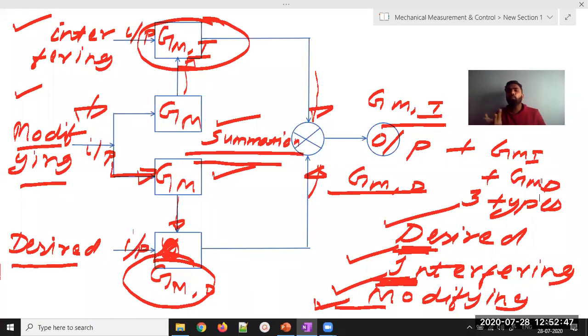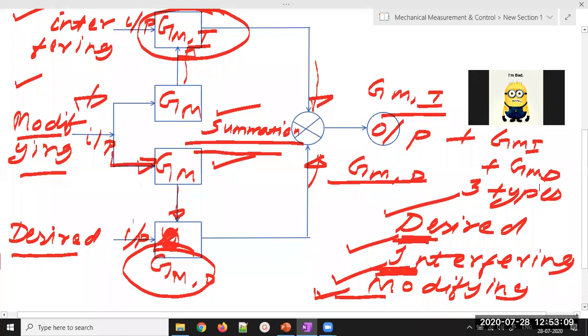Now this G is what? What was the basic formula of G? It was the ratio of output upon input. So one will be the ratio of output to input with respect to interference and modifying. One will be the ratio of output to input with respect to desired and modifying.